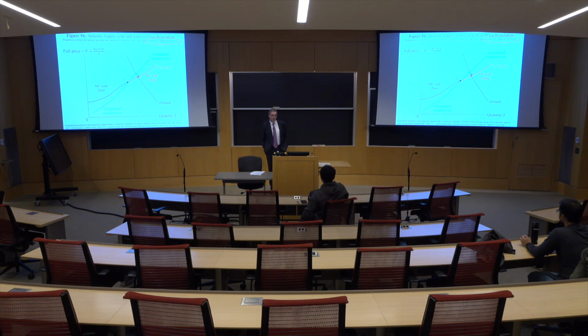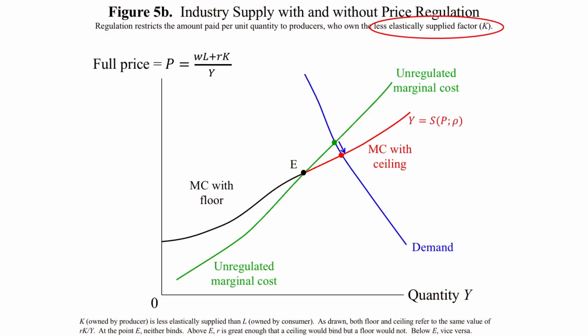And in that case, because it's inelastic, your costs have to rise. Costs are minimized at E, but costs are minimized on the green curve. Anywhere off the green curve is increasing total costs, but above is increasing marginal costs, below is reducing marginal costs. And then the floor is, I use K, and K is elastically supplied, so that doesn't drive up the price, and in fact I can economize on L, and that drives down the price of L, and so that ends up being below. Okay?